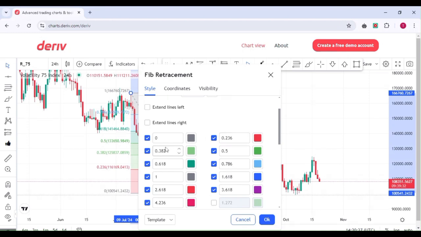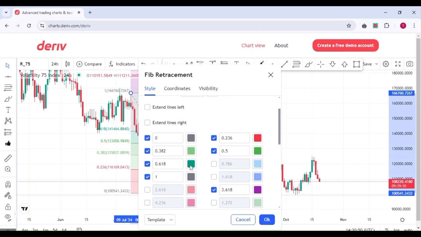So we have highlighted it. We want the 38.2%, the 50%, these 61.8%. Then we don't need this one, and we have 100%. So you can remove all the other key zones.